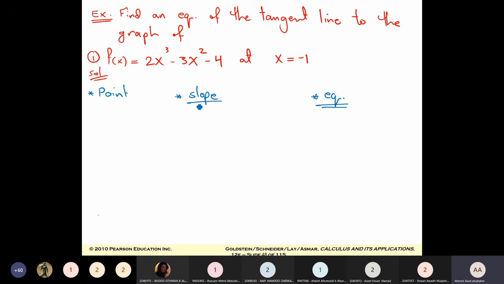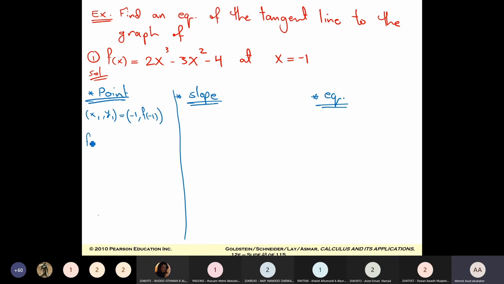So 3 steps to write the equation. The point: we need to find x1 and y1. This means we need to find -1 and f of -1. This is the point, x and f of x.